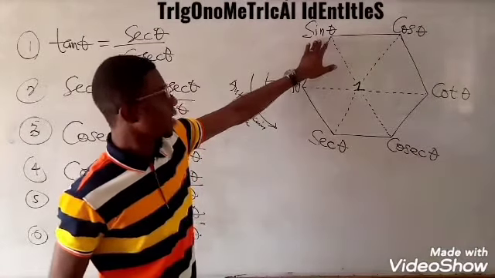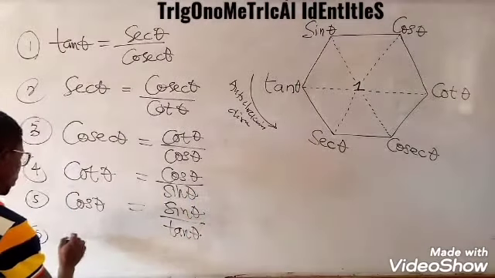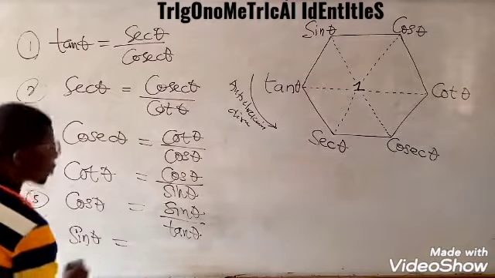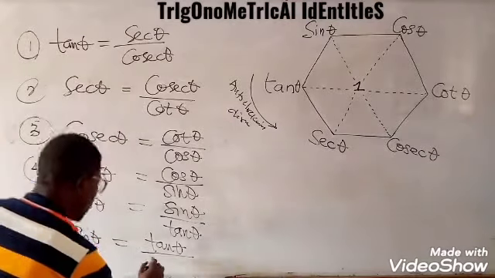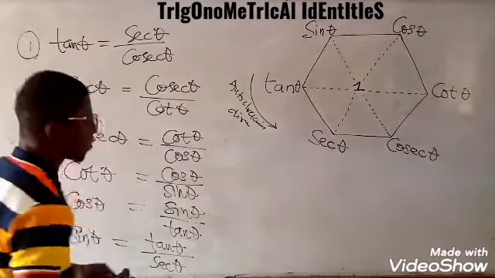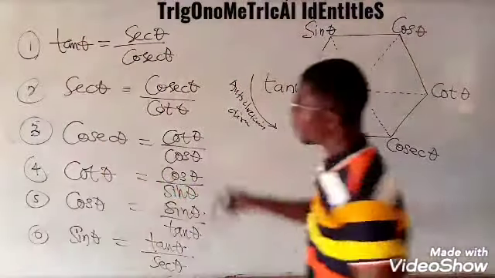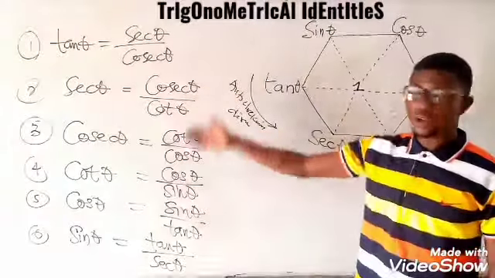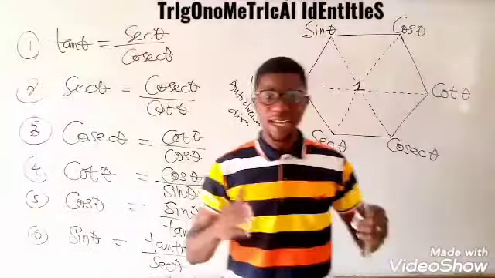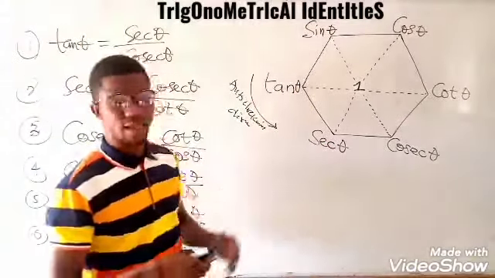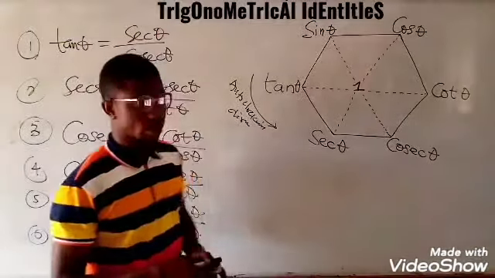So sin theta equals tan theta divided by sec theta. So along the anti-clockwise or the counterclockwise direction, these are some of the trigonometrical identities that could be obtained. Let's look at other identities that could be obtained from this hexagon.